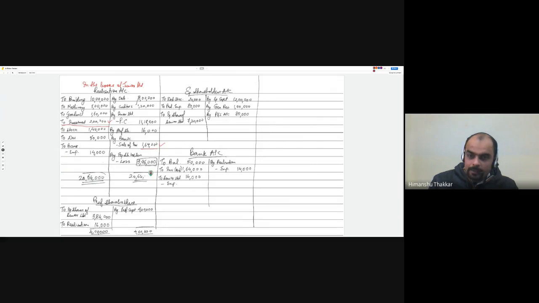Transfer this loss to equity shares. Transfer this loss to realization. Loss is 3,46,000. Okay. So now transfer the balancing figure to the equity shareholders account, bank account balance.